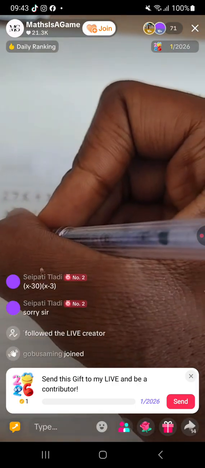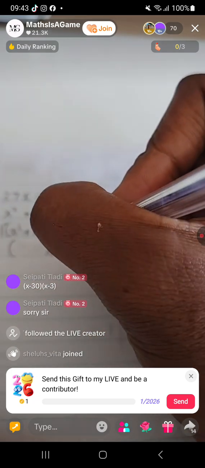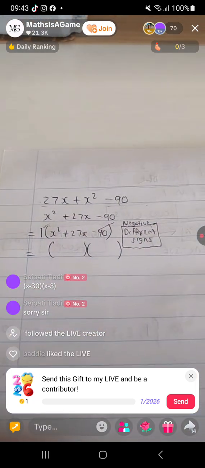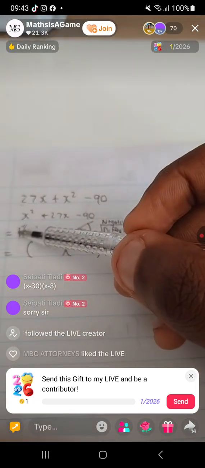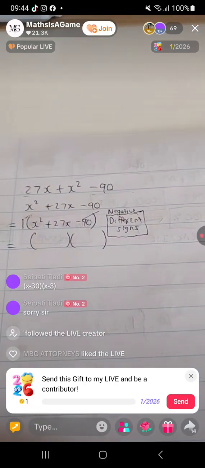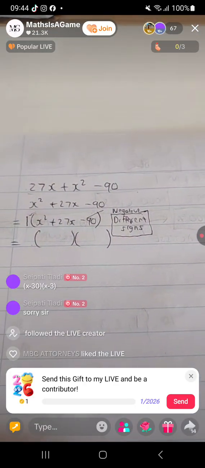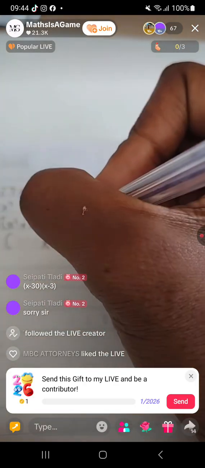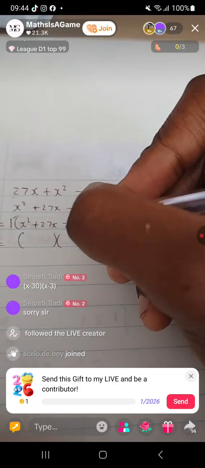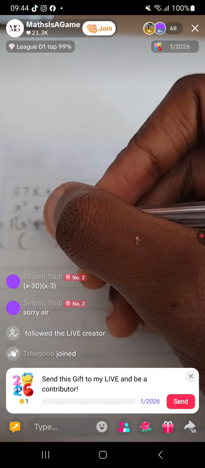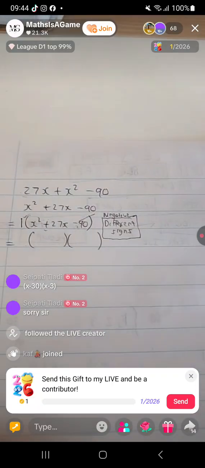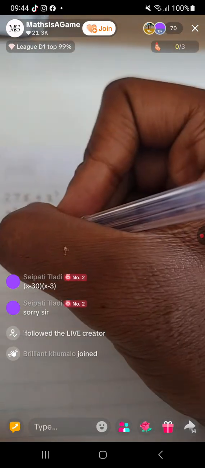So what do we do? We open two brackets. Who is outside? The 1. Even though we don't write it down, we know the 1 is there. So different signs, but the highest common factor sign is going to be positive.